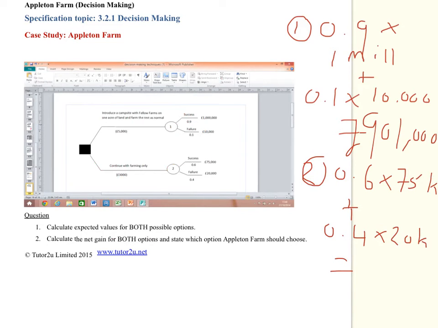And that will give us the expected value for the second choice, if that decision was made over and over again. So that works out to be 53,000.